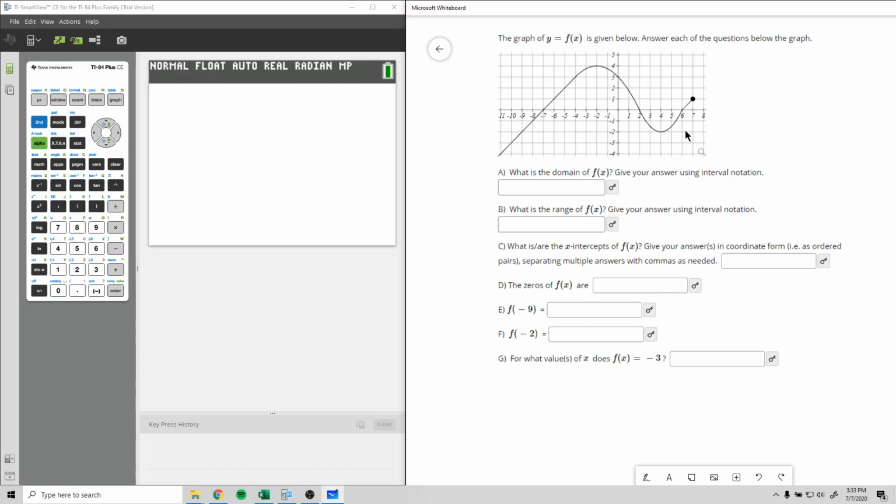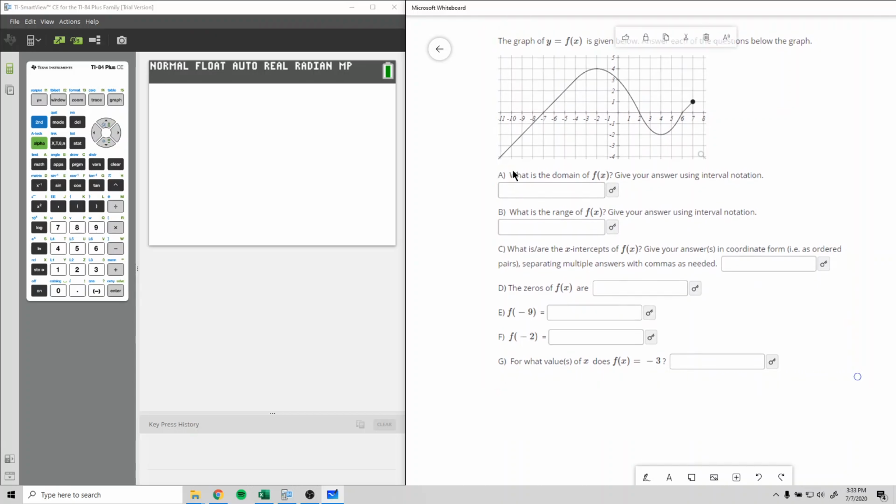All right, so what is the domain of f of x? Well, we know the domain is the x values. So since there's no dot here, it's going on forever. So it's going to go forever to the left. The x value, since it goes forever to the left, is going back to negative infinity. And it's going all the way to the right until we get to 7.